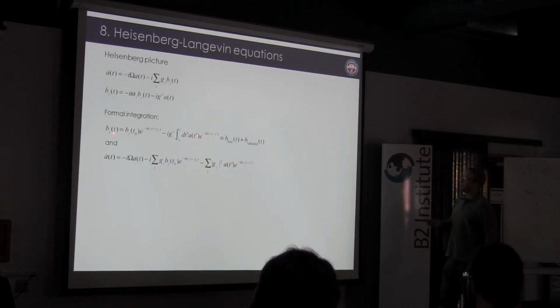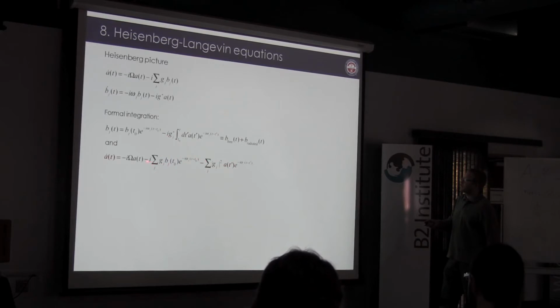Now, once I've integrated this formula, I can plug this back into my equation of motion for A. This equation here, if you're actually copying all this stuff down, should have an integral in it as well, still. But otherwise it's correct.